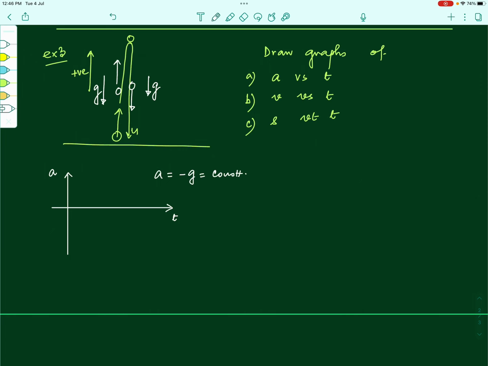So, how do we depict this? We can just draw a straight line over here parallel to the time axis, whose value is minus g. Do you all understand? This will be the acceleration time graph. Acceleration is a constant all the time and its value is minus g, right? Now, let us come to the next graph, which is the velocity time graph.